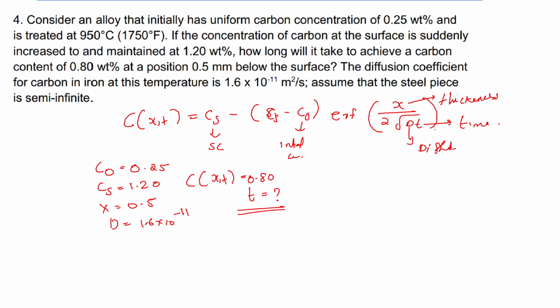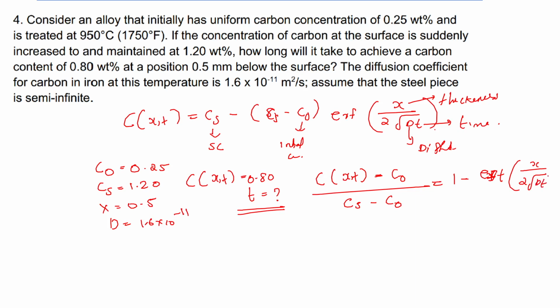Now substitute all the values. I am not going to solve all the steps here, but I can give some hints. Substitute all these values and you will get C of x,t minus C0 divided by Cs minus C0 equals 1 minus error function of x divided by 2 root of Dt.